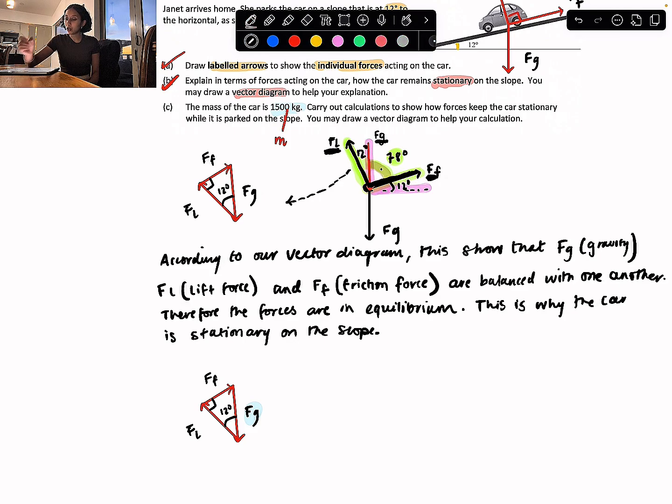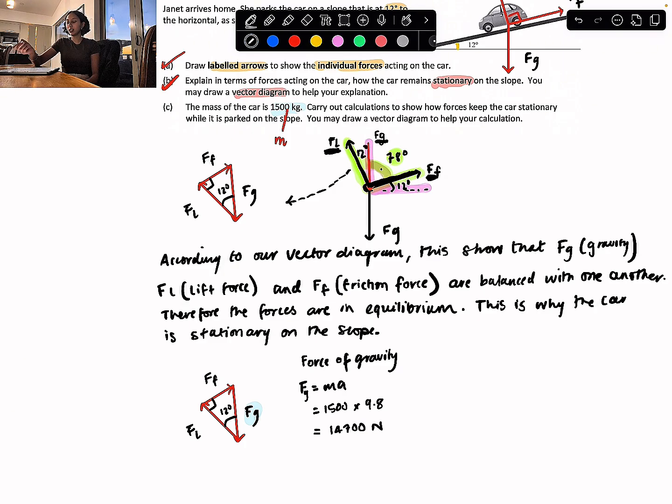Okay, I can work out this force of gravity, and then I'll have a known side. So let's go ahead and do that by using, I'm just going to write force of gravity, just to be clear with what I'm working out. I can use this equation, F equals ma, where F is the force of gravity. Okay, so the mass is 1500 kgs times acceleration, which is 9.8, okay? And then plugging that into my calculator, I get 14700 newtons.